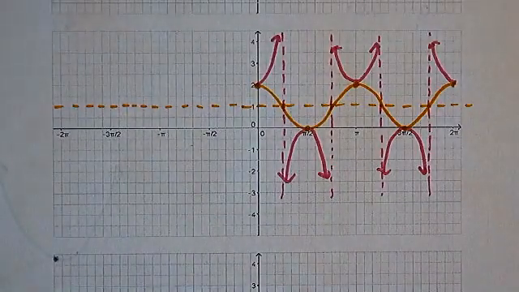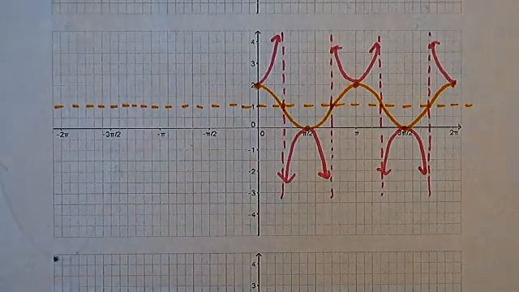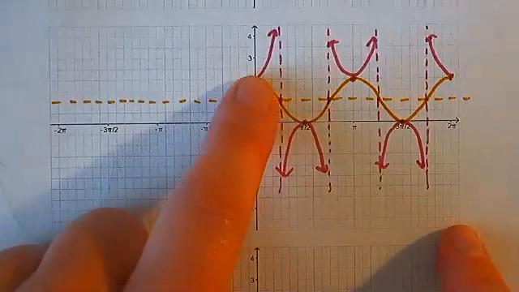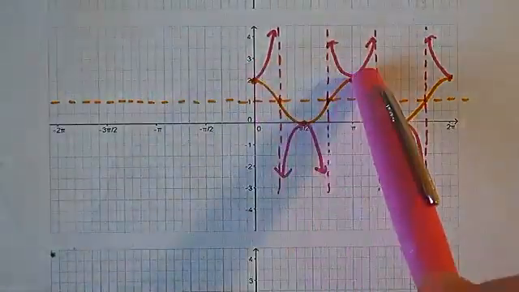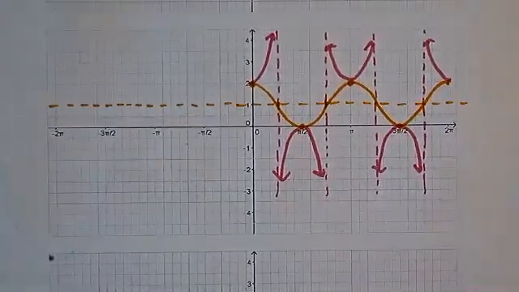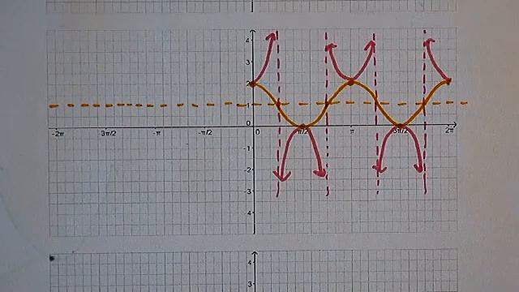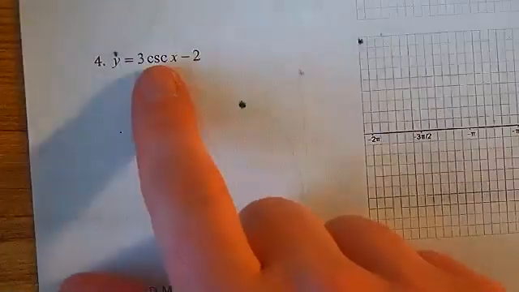All right, so here is our answer. First thing I hope that you didn't forget about is that this is a secant graph for number 3, so it derives from the reciprocal of cosine, so that's why you start 1 above. Our period's pretty small too, so I decided to draw 2 periods. And this is what our secant graph looks like. All right, and then number 4 is a cosecant.